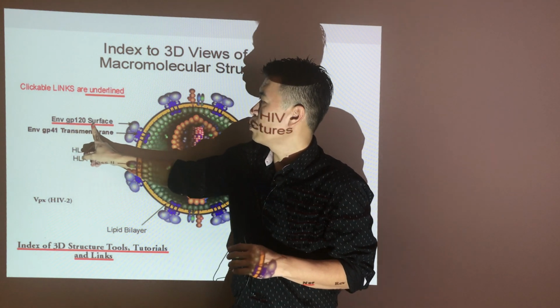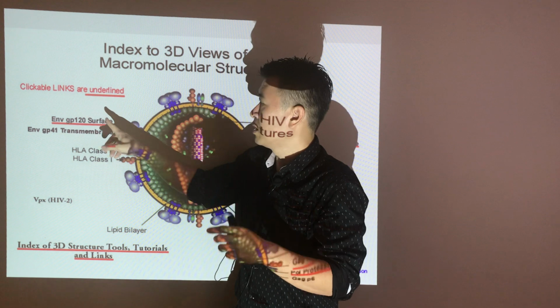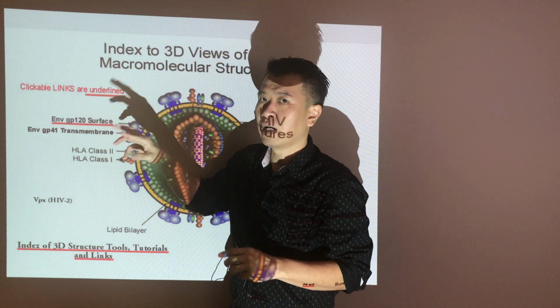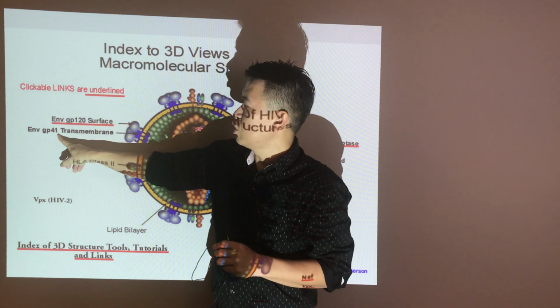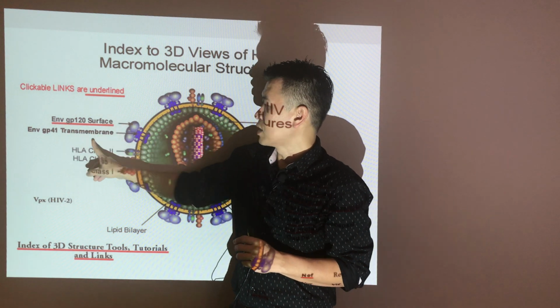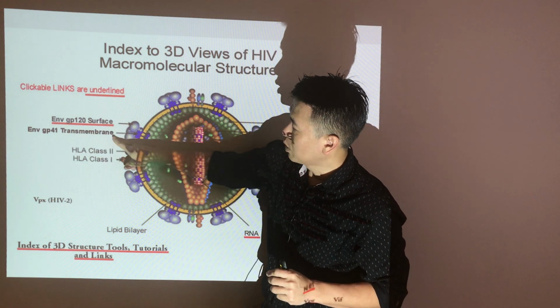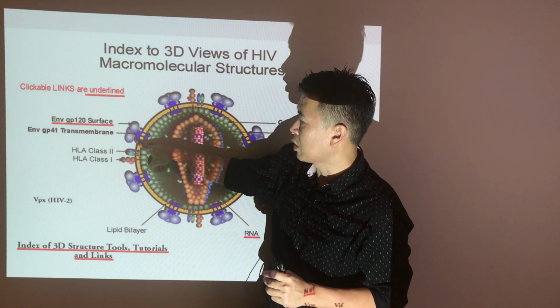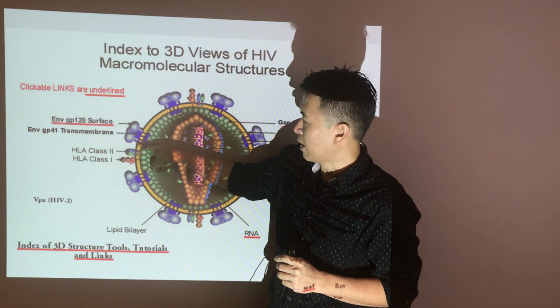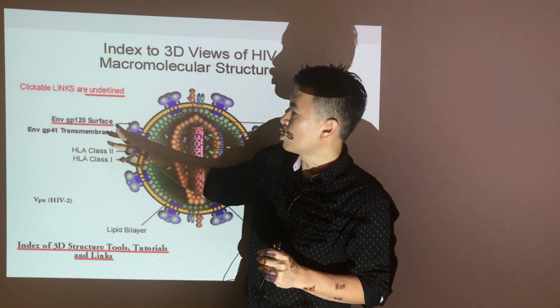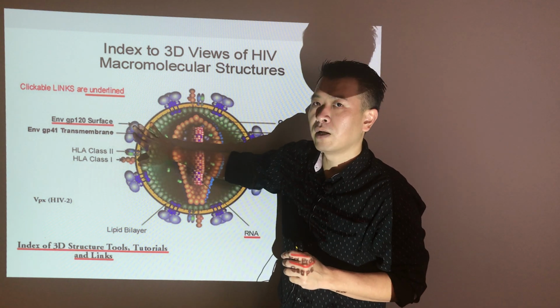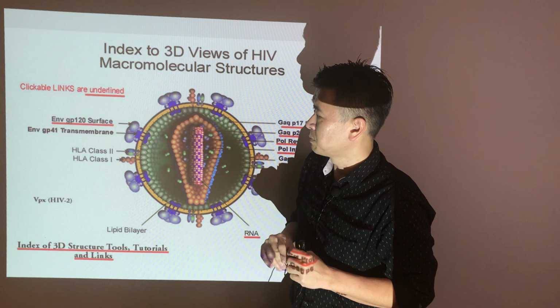GP120, as I mentioned earlier, is abbreviated to SU, or surface. And then GP41 is transmembrane, which is the one in blue. Transmembrane means that the protein crosses the membrane. That's why it's called transmembrane. So these are the two proteins that appear on the surface of the virus.